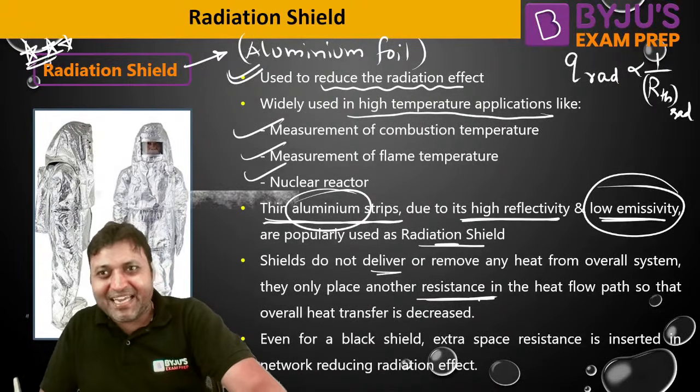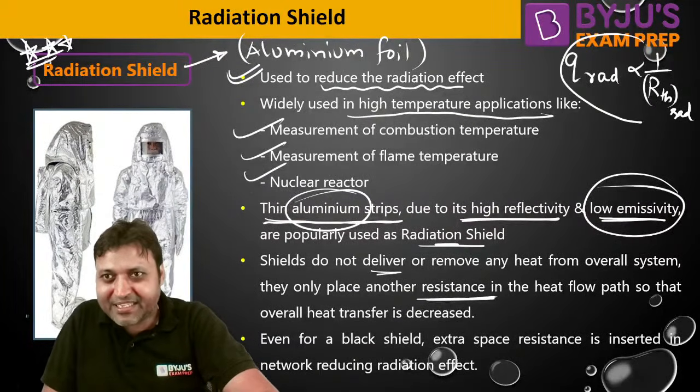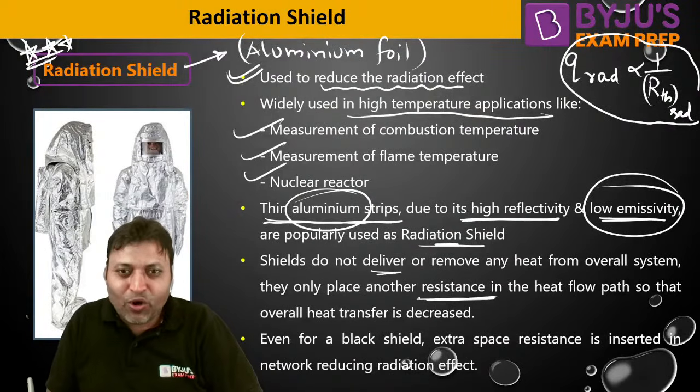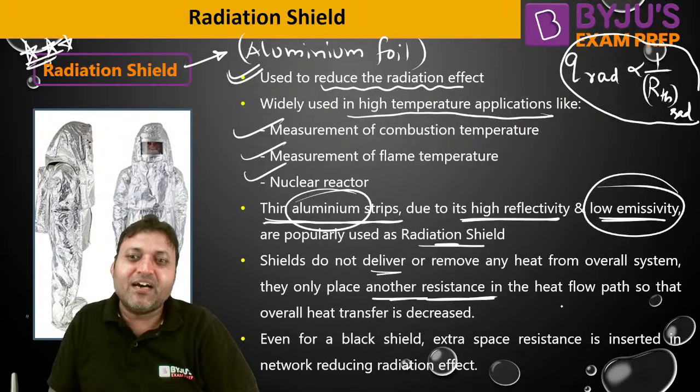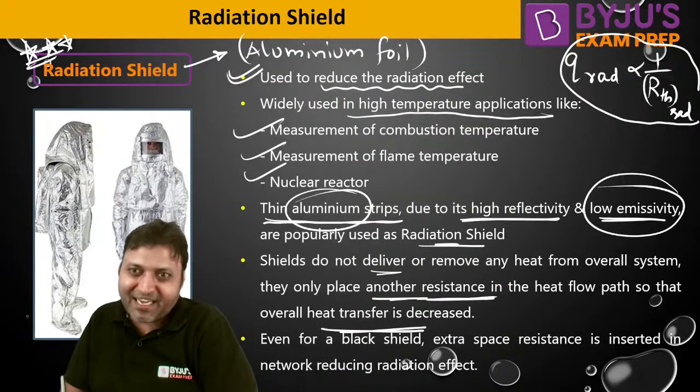So if we increase the resistance, the heat transfer rate by radiation will decrease. That is how the shields work. They only place another resistance in the path of the heat flow so that the overall heat transfer is decreased.